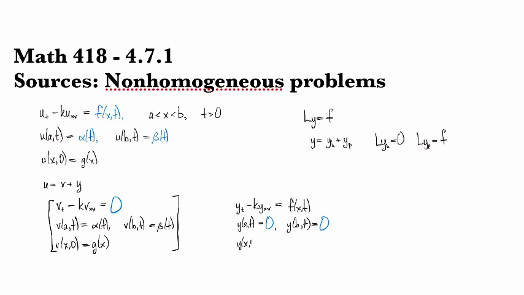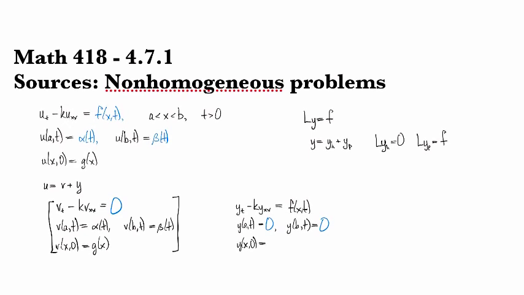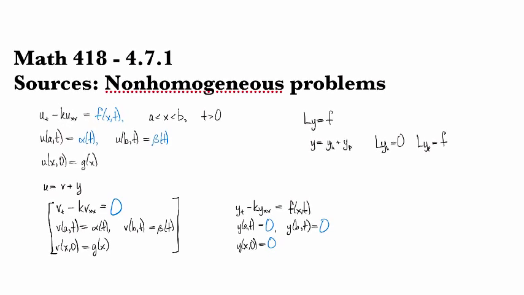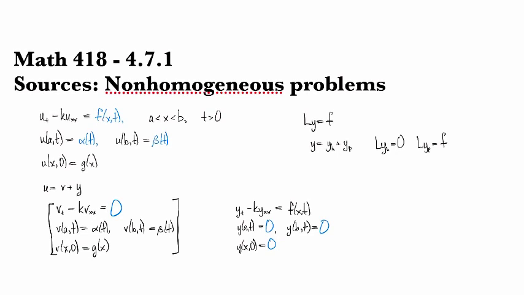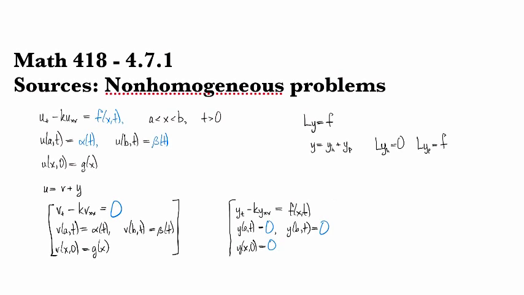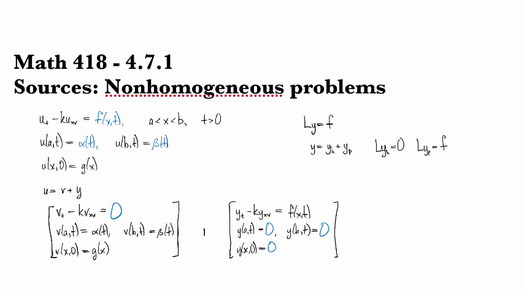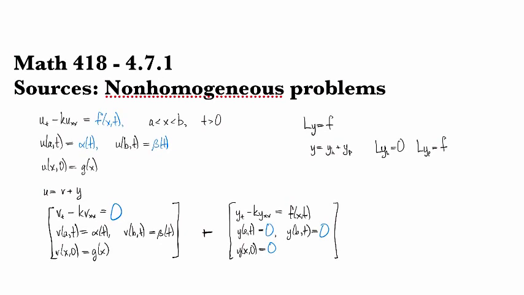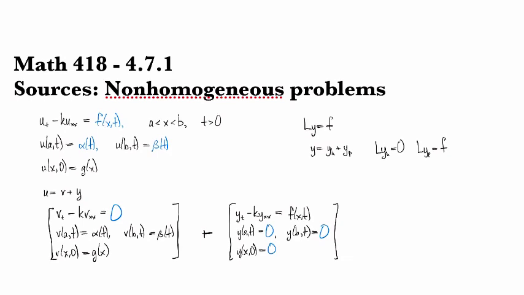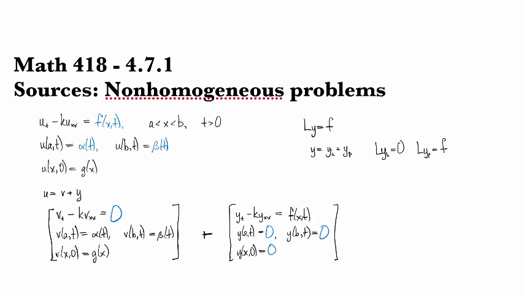And then we will also have the initial condition being equal to 0 in this one. And so if we have v that solves the first one and y that solves the second one, then the solution to these two will solve the original problem. And that just happens by linearity.